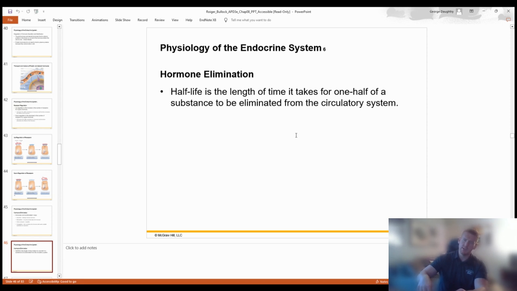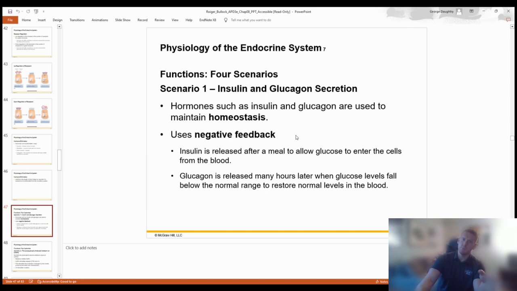Typically it takes about 6 half-lives for it to be completely eliminated. So 5 times 6 means it took 30 hours for the substance to be completely removed. The rate at which a hormone is excreted is directly dependent on the half-life.